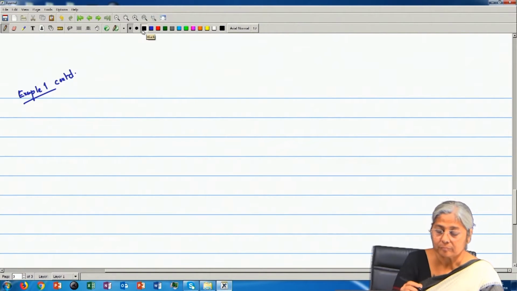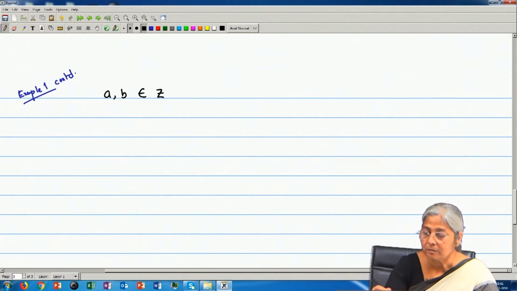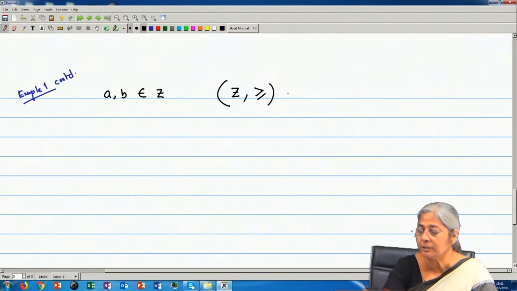Now, if I consider a pair, say A, B belonging to Z. So, I am considering the set Z and the relation is greater than or equal to, and I am checking whether it is a poset or not.